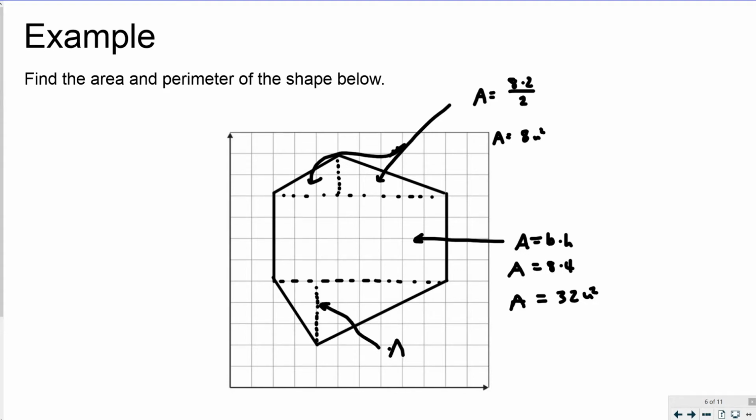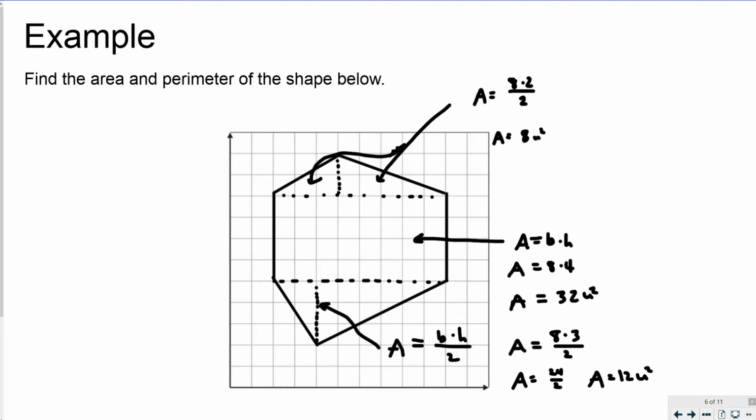And then I'm going to calculate for this triangle with this height. The area is equal to base times height over 2. So the area would be a base of 8, a height of 3, divided by 2. It would be 24 over 2, or an area of 12 units squared.